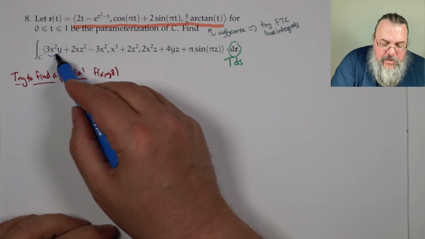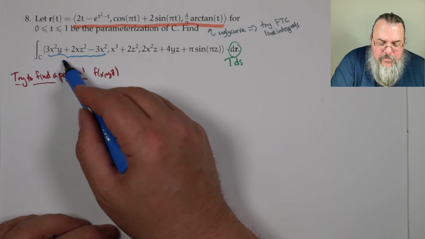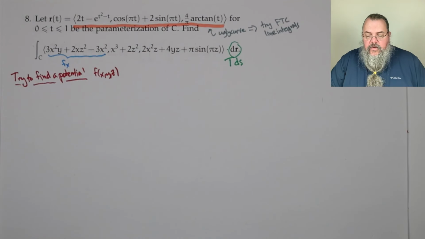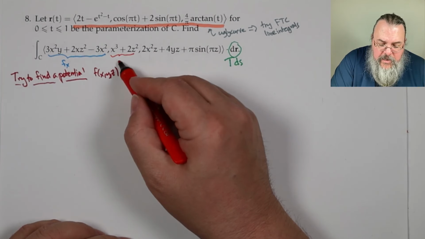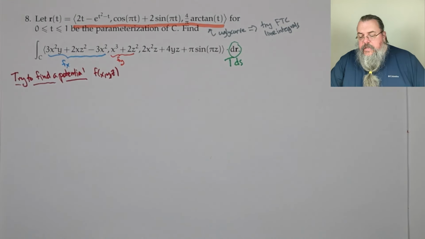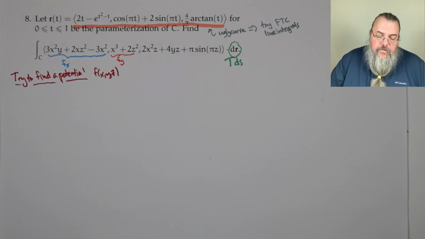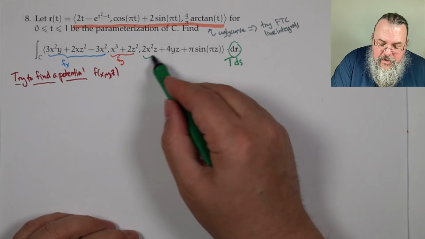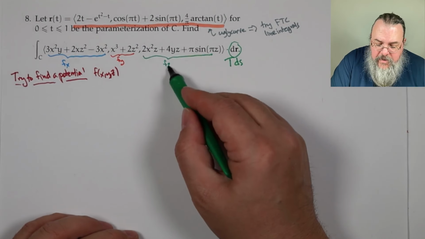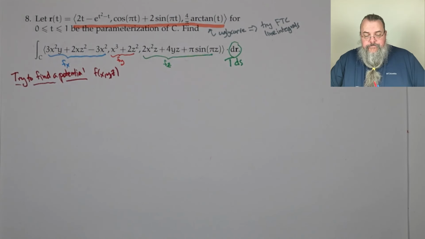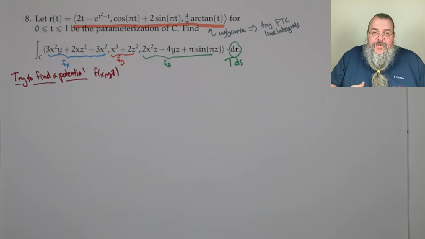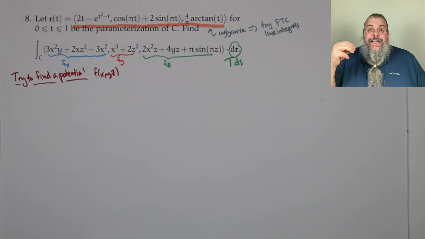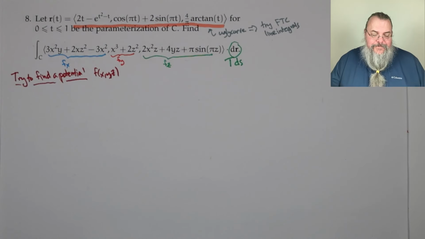In essence, we're saying this part right here should be our f sub x, while the piece next to it, this part right here, this should be our f sub y, and then the last part of it, well, that part should be our f sub z. So we are told these are some derivatives. Can you piece them together?